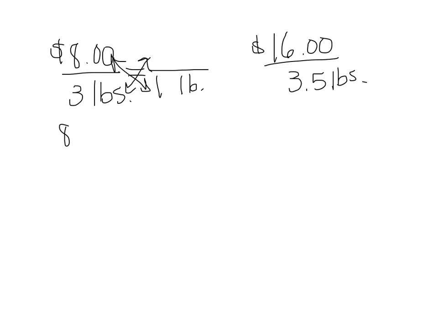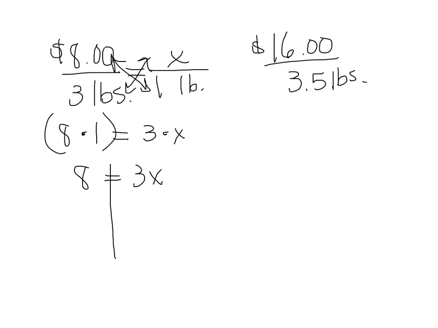Yes, because I want to figure out how much 1 pound costs. So I know that 8 times 1 should equal 3 times something. We don't know yet, right? So I'm going to go solve these, because can I put them together? 8 equals 3x. Divide by 3, divide by 3. This cancels out. I'm left with x equals. Solve it. 8 divided by 3.